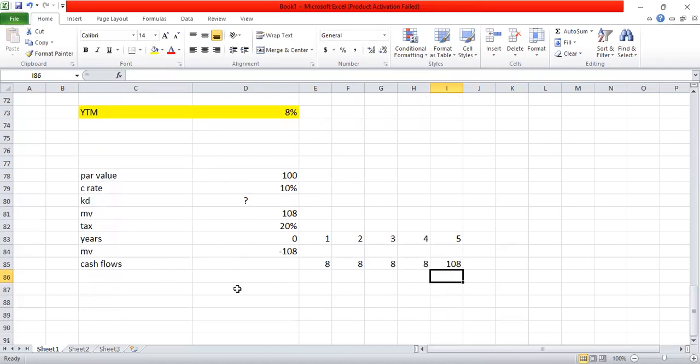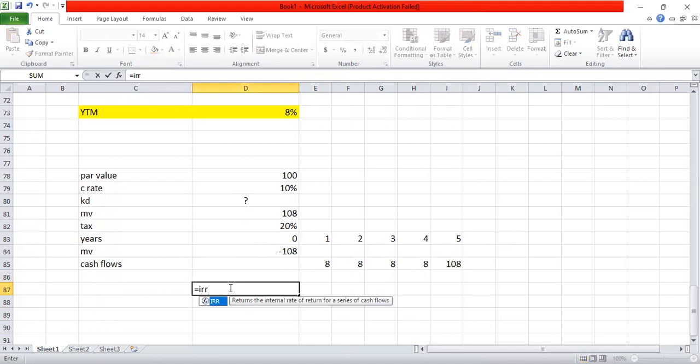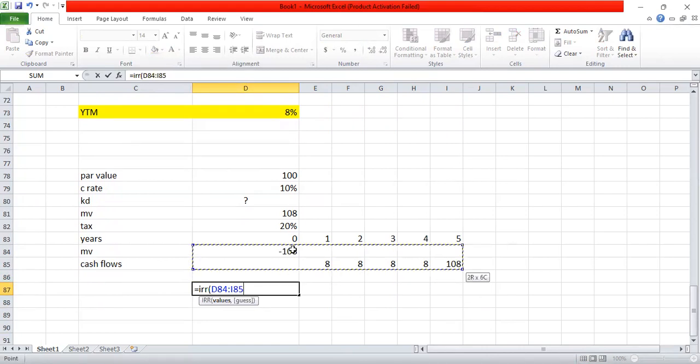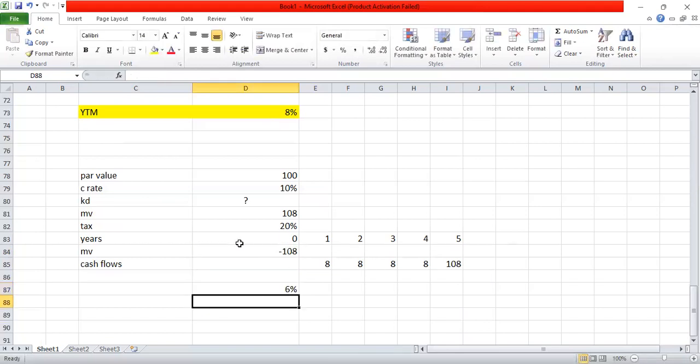Now guys, again apply IRR, select all the cash flows. This is your KD.